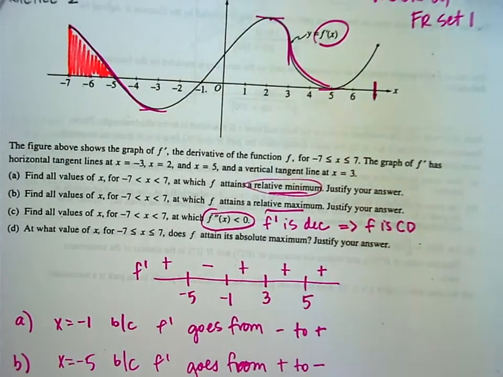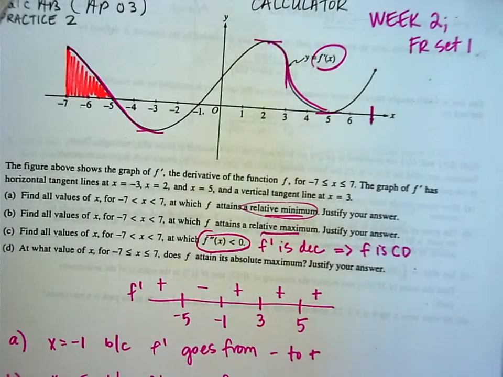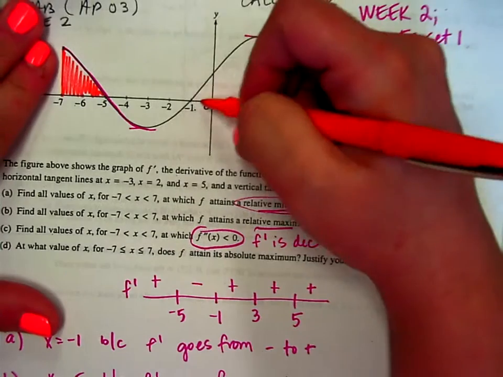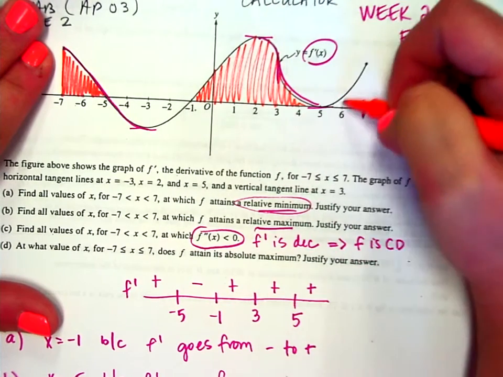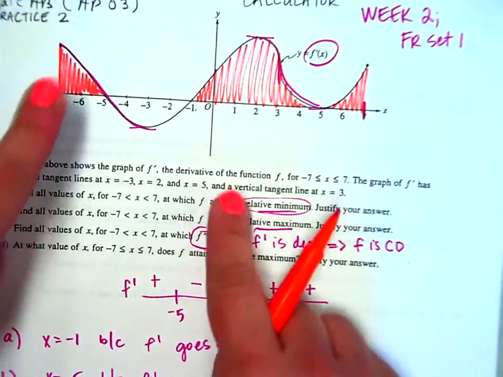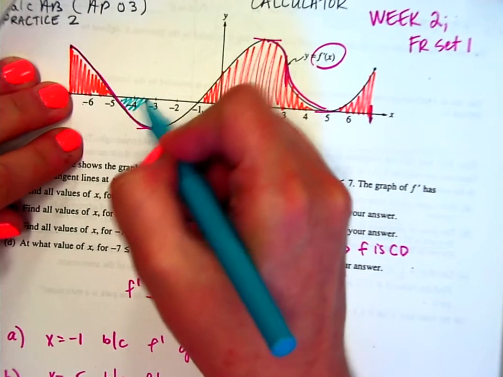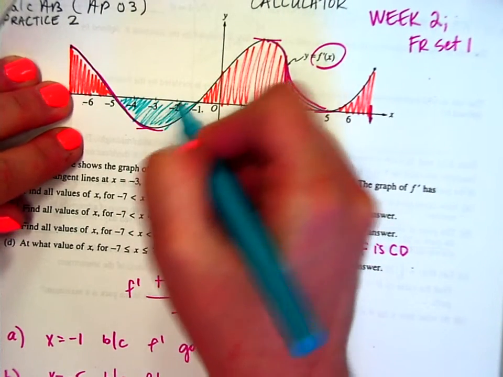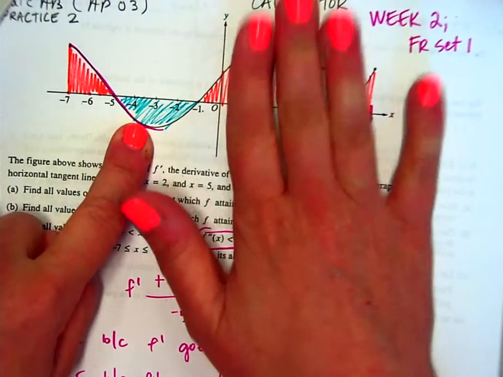If I'm looking at f of 7, I'm going to compare all of this orange area, which would be f of 7. All of this, coupled with that, and then this portion that's below the x-axis would take away from this area. So let's say this blue area cancels out maybe all of this.